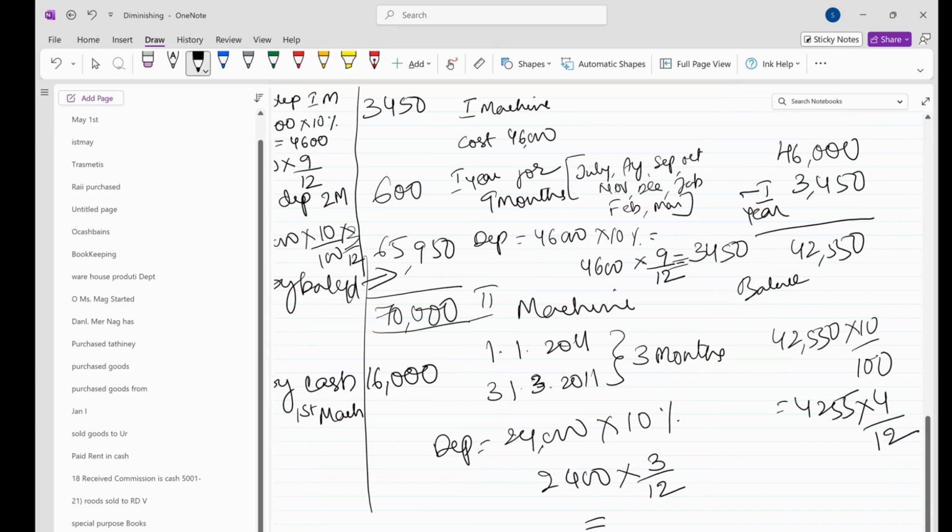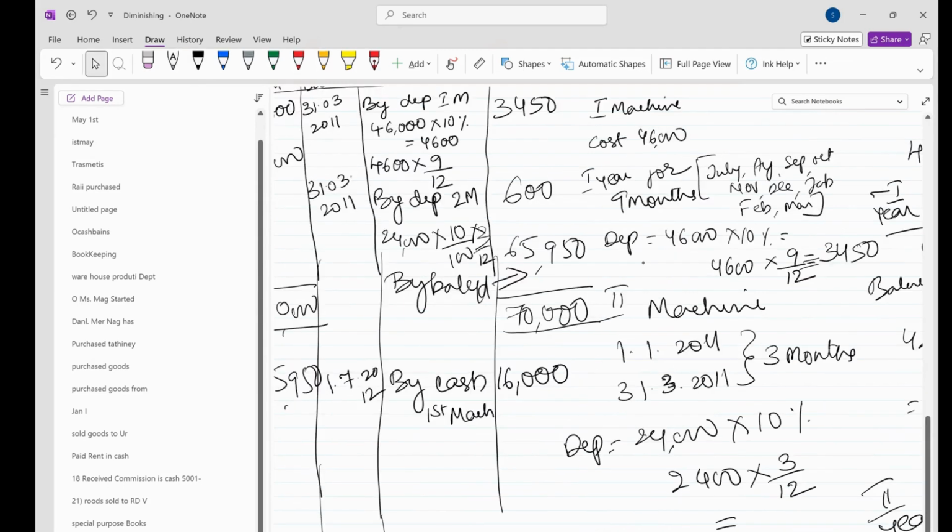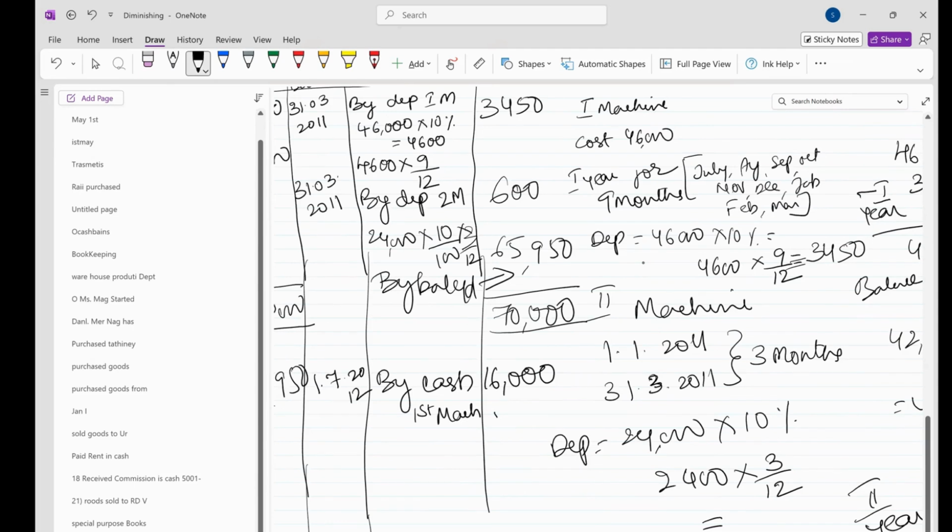So into 4 divided by 12, so 1,418 is the depreciation. Okay, this is for second year. So 1,418 by depreciation of first machine.